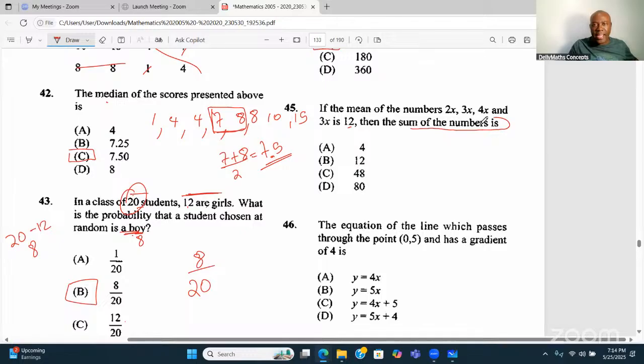Let me see. I'm waiting to see what people are going to put for 45. What is the answer for question 45?